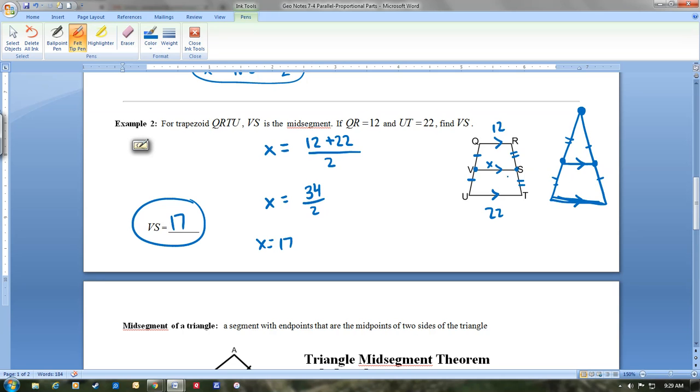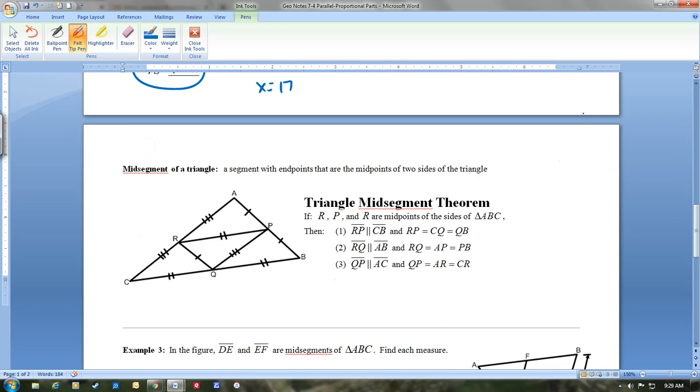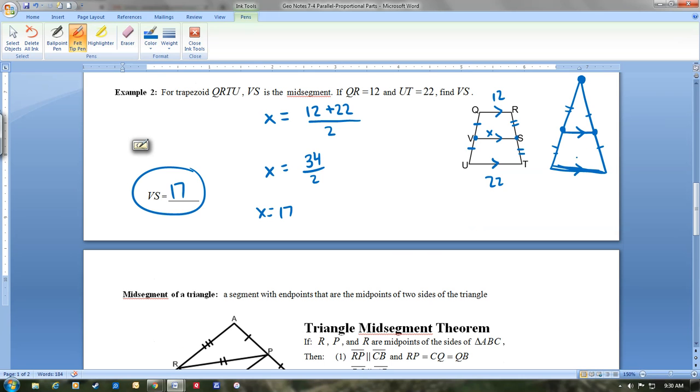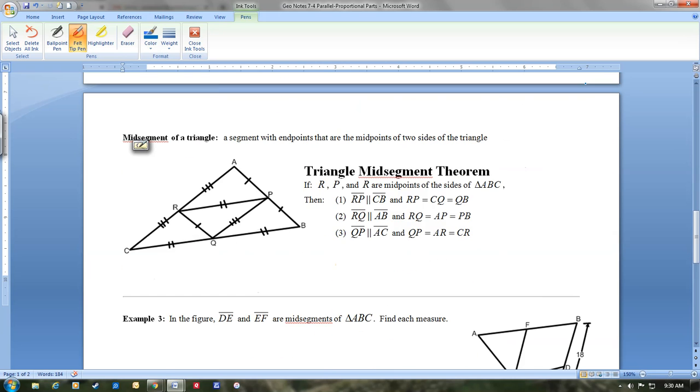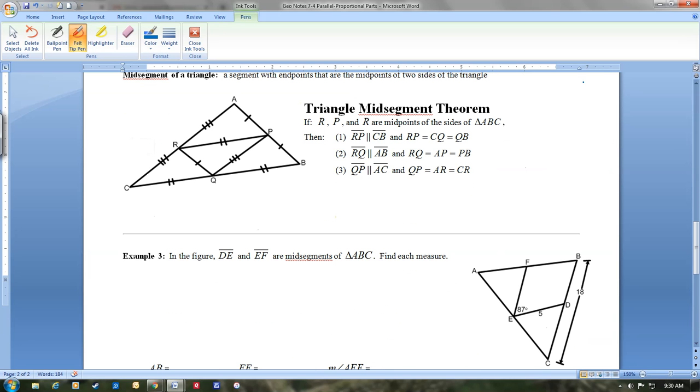So it acts almost like the midsegment of a trapezoid. Just think of this segment being 0. That is what the midsegment triangle theorem says: not only is the midsegment of the triangle parallel to its side, but its length is also the average of this length plus 0. Okay, so that's the midsegment theorem.